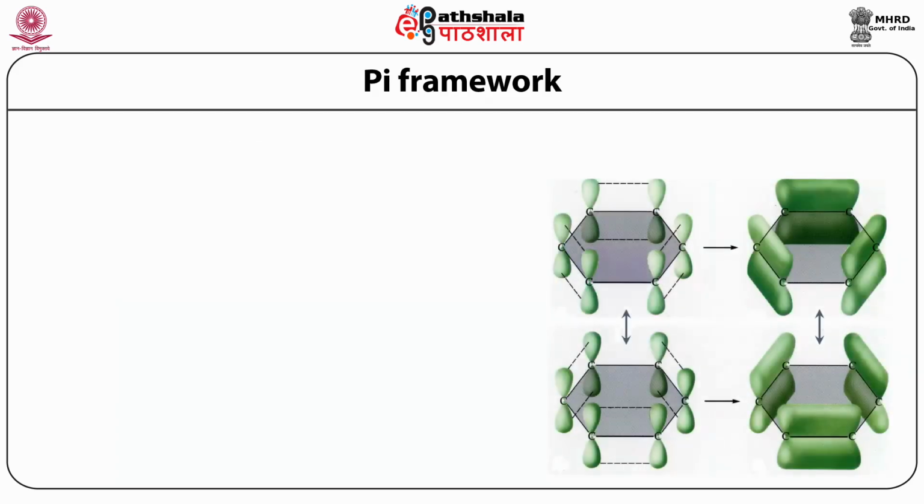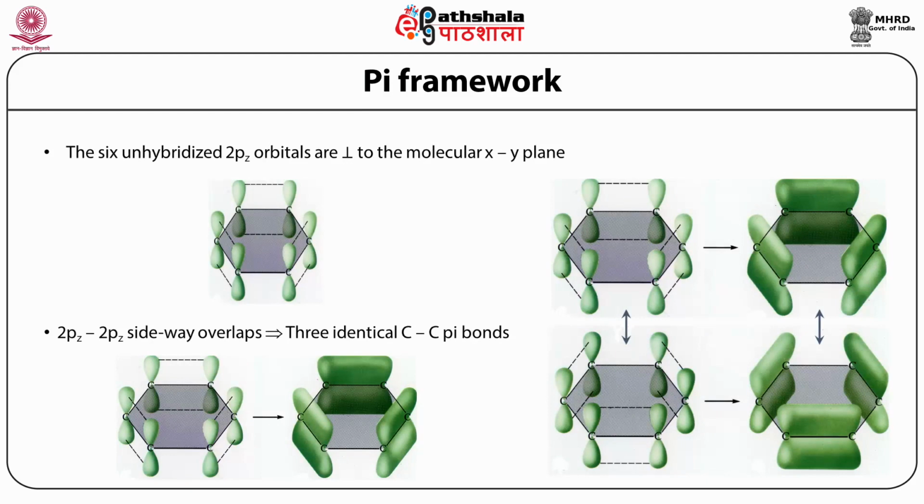Now let us discuss the pi framework, where we have the 6 unhybridized 2pz orbitals which are perpendicular to the molecular xy plane. In the second case, we have the 2pz sideways overlaps, implying three identical C–C pi bonds.